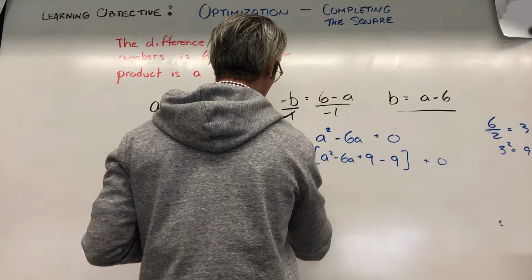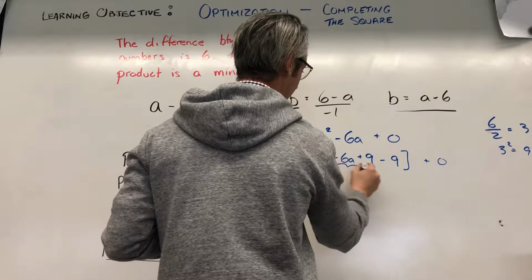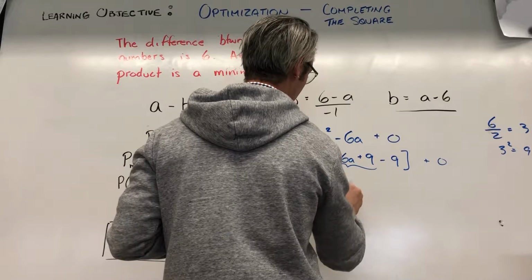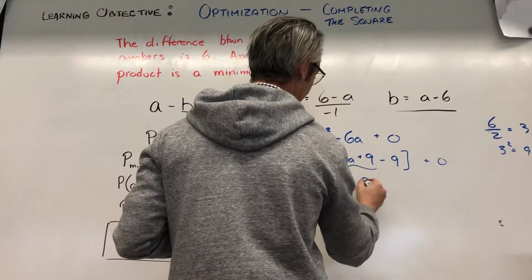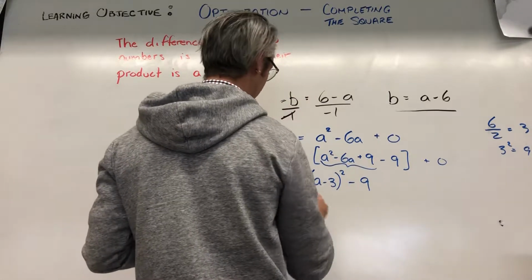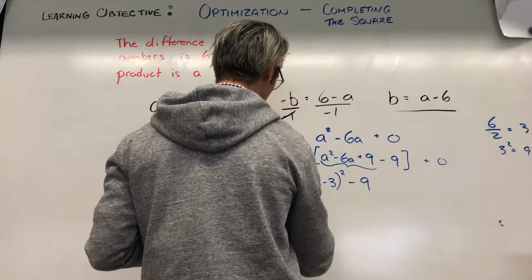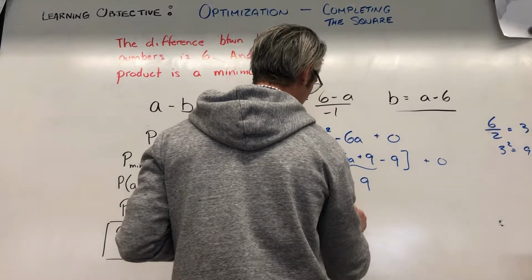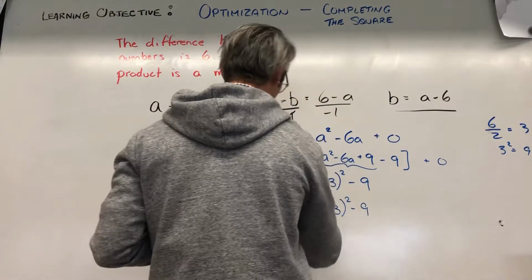Now I group this, that gives me a minus 3 squared minus 9 plus 0, so my P min is a minus 3 squared minus 9.